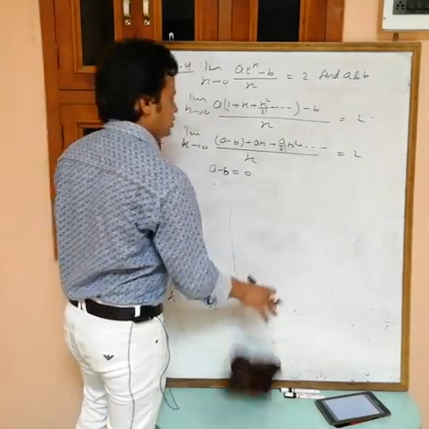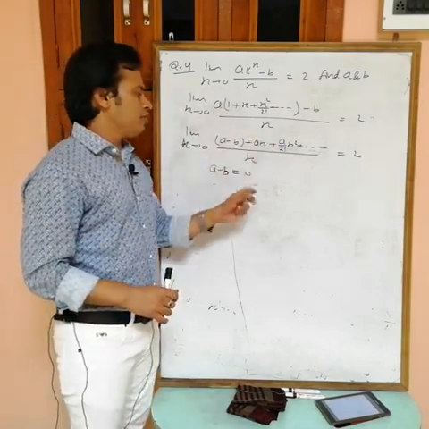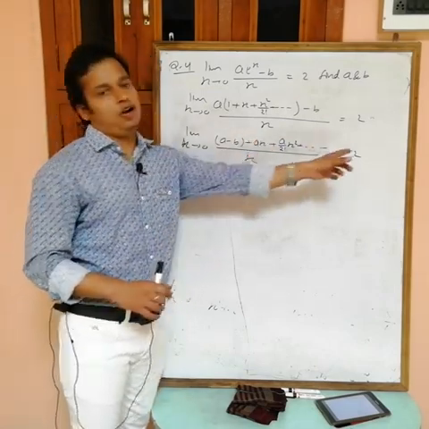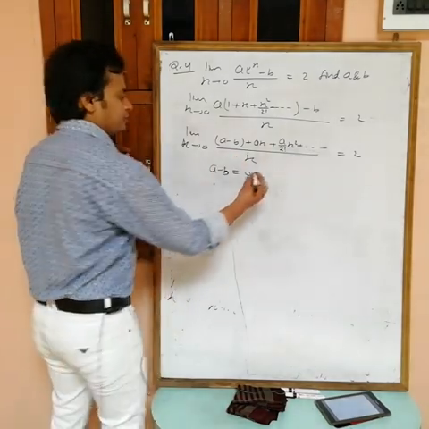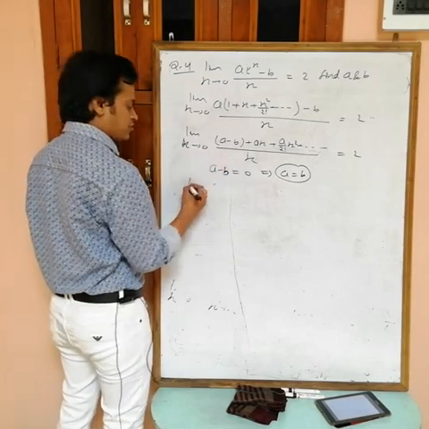If this is equal to 0, then the minimum power of x in the numerator is 1 and the minimum power of x in the denominator is 1. Now it is possible. From this we are getting that a equals b. Now put a minus b equals 0.